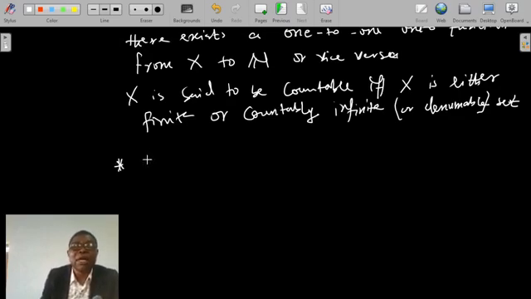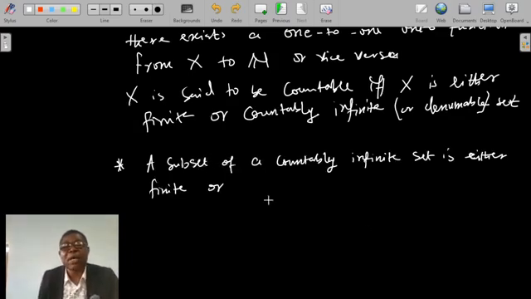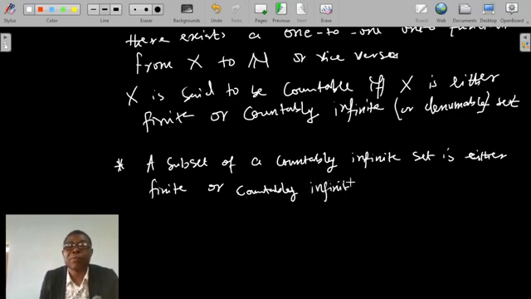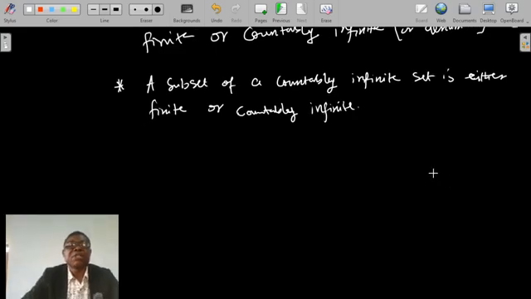One of them is that a subset of a countably infinite set is either finite or countably infinite.